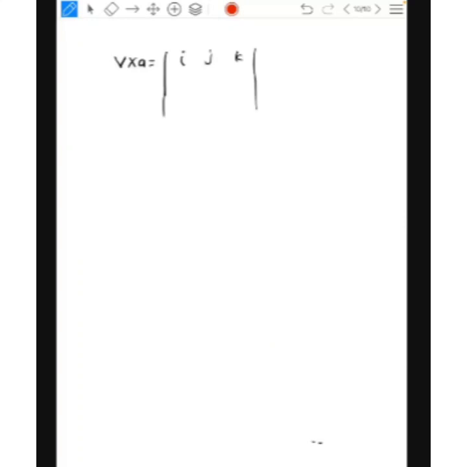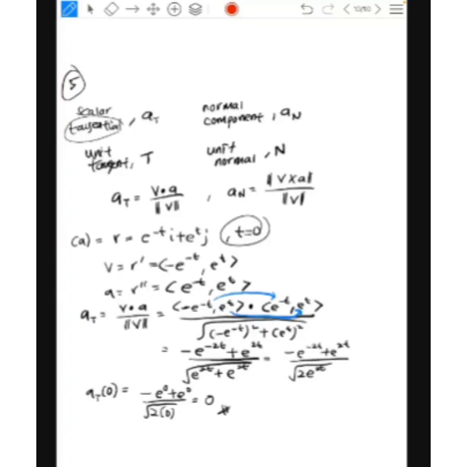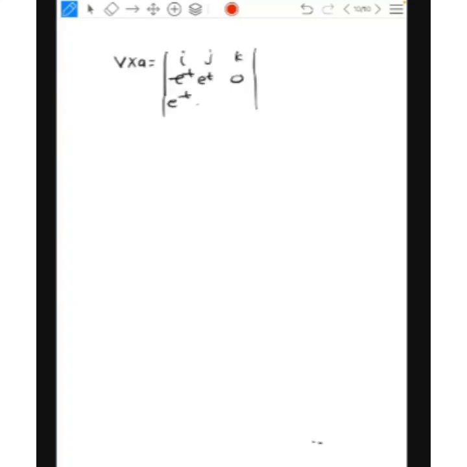Negative exponent T, exponent T. Kosong I, kosong J, negative exponent negative T, tambah T. Tolak exponent negative T tambah T. Exponent kosong, so exponent kosong is equal to 1.